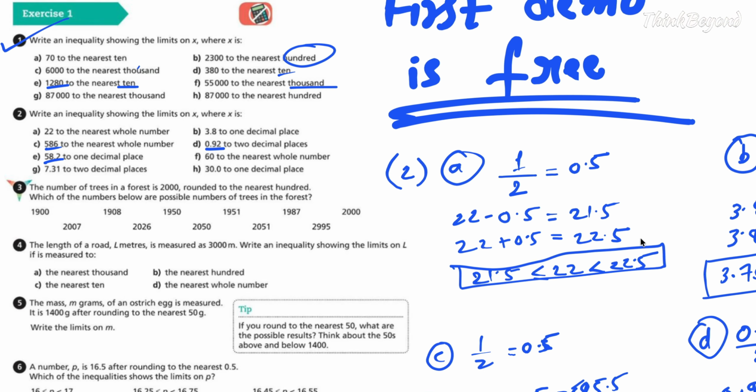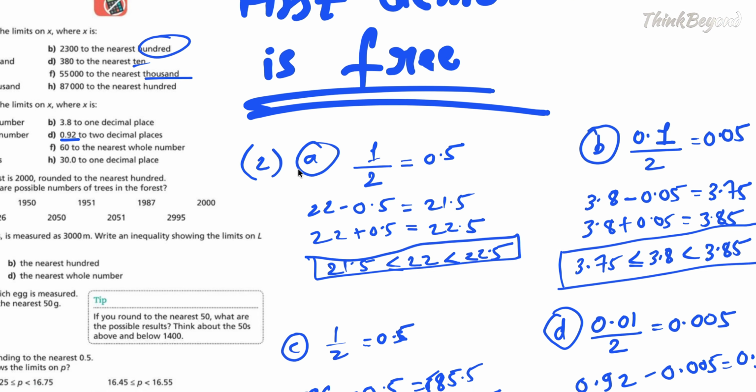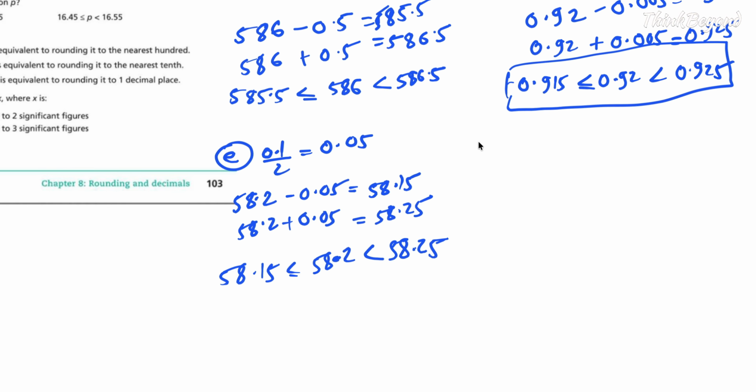Okay. Now question F. 60 to the nearest whole number. Whole number means they're talking about 1. So half of 1 is 0.5.